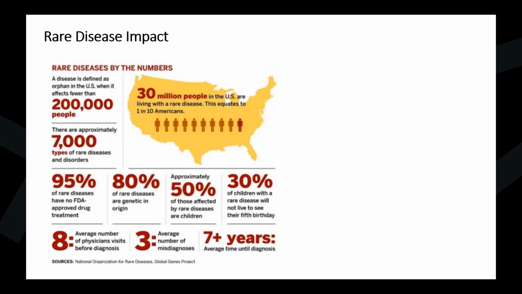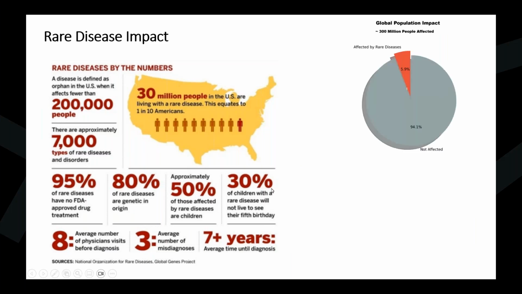And diagnosis will not solve everything. Our solution, I mean Johnson Lab's solution, tries to decrease this time and the number of physician visits. And the other one is misdiagnosis, where the average number is 3. It's too bad. So it takes around 7 years until you get a diagnosis.